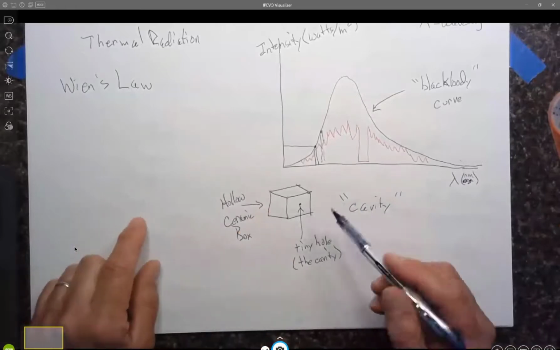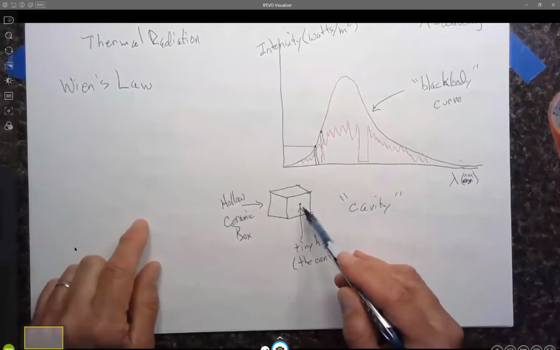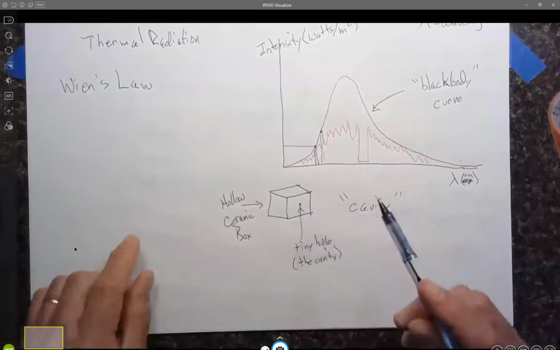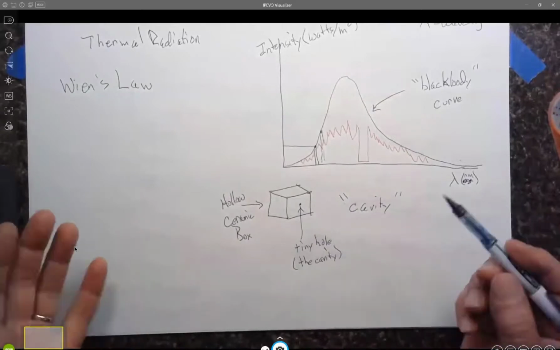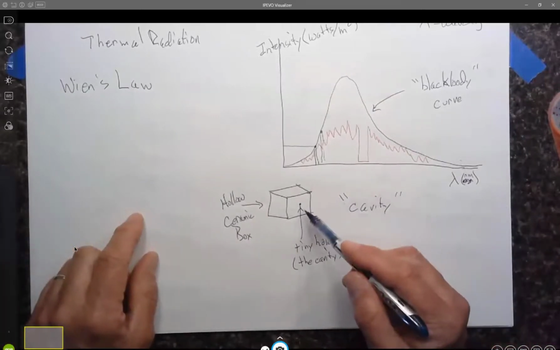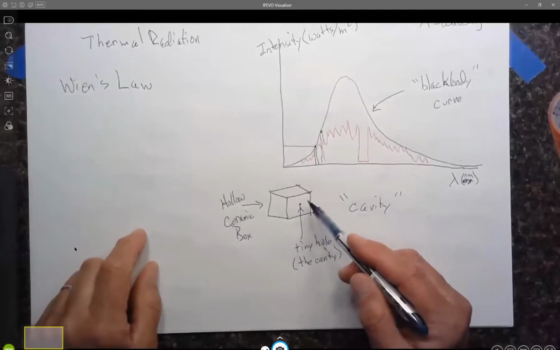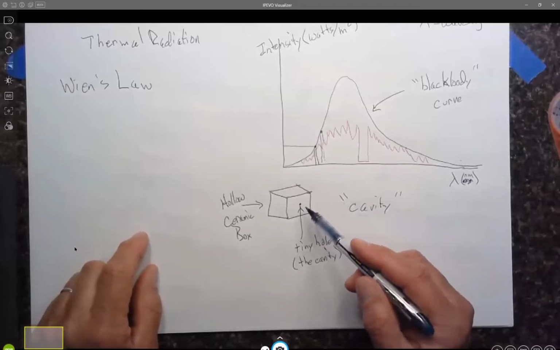Well, first of all, imagine how this tiny hole in this hollow box is going to look. If you look at it when it's just sitting there on a tabletop at room temperature, that tiny hole is going to be as black as can be, and you'll never see anything darker than that.